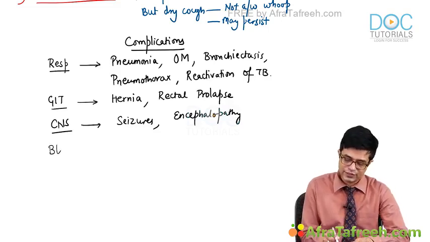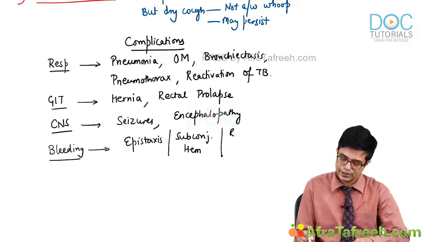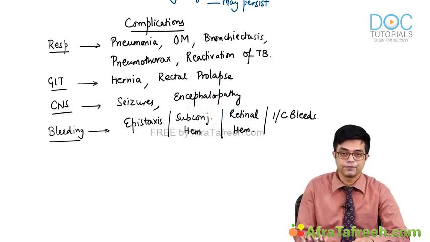And then bleeding manifestations can develop, which include epistaxis, subconjunctival hemorrhage, retinal hemorrhage, and intracranial bleeds due to the violent coughing.